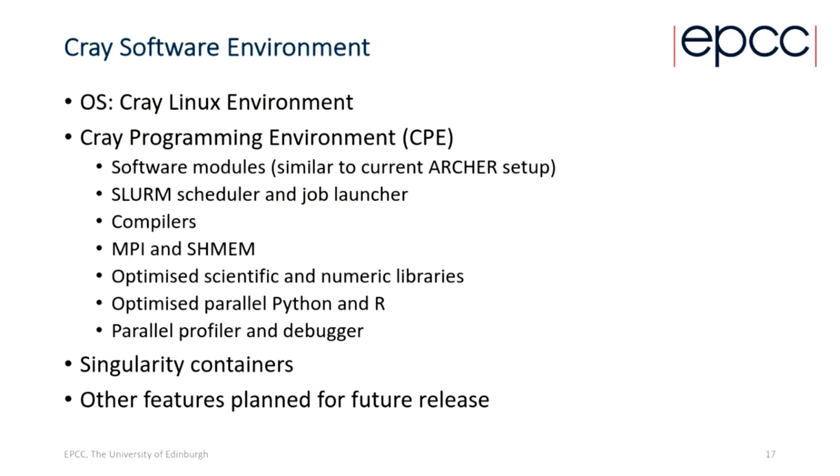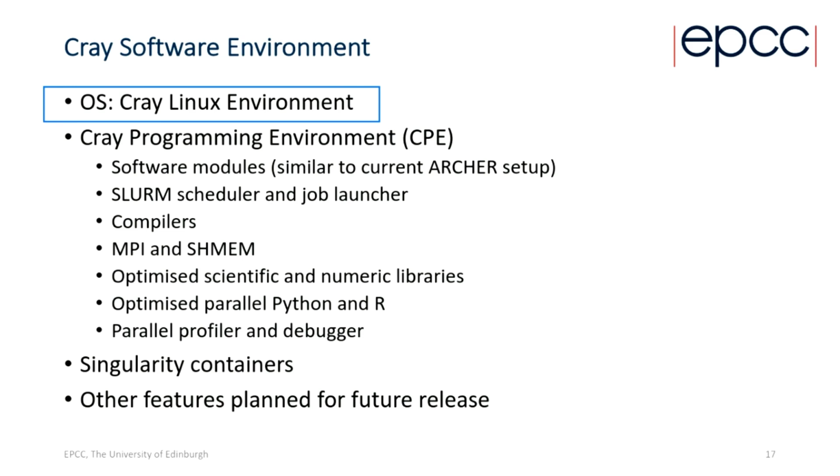So software overview. As I mentioned at the start, I'm going to talk about both the Cray provided stuff and then a little bit about the CSE provided bit. Just one slide on that, actually. The Cray software environment includes the Cray Linux environment, and the Cray programming environment, which has various bits and pieces, which I'll talk about in a bit more detail in the next slides.